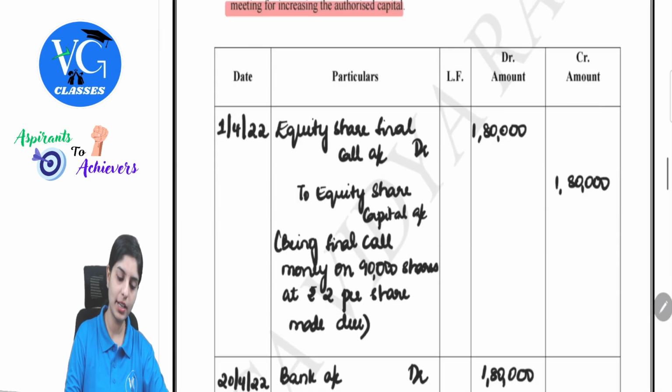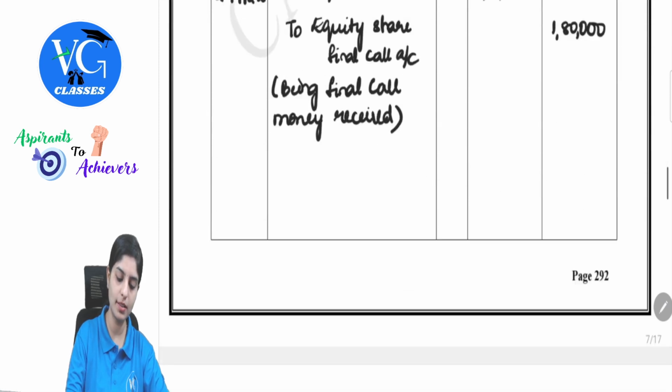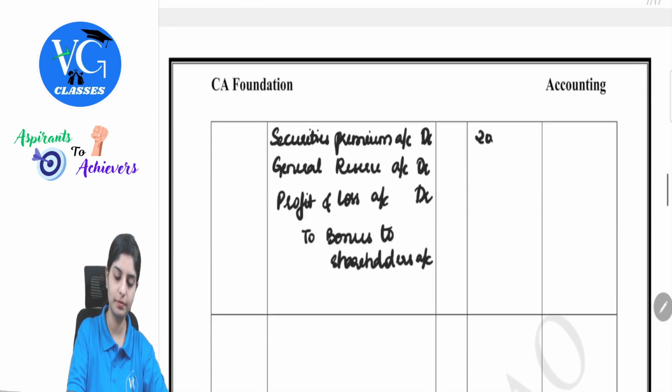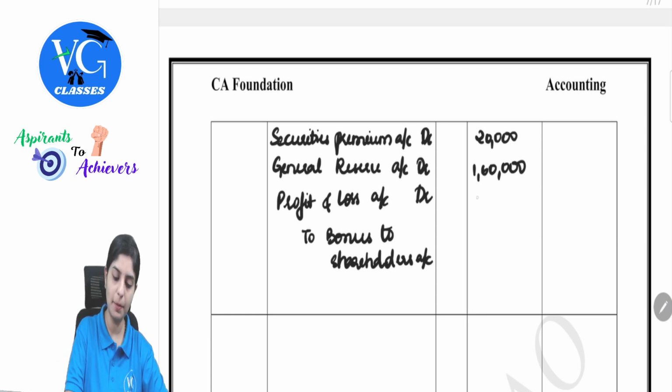How much is the securities premium balance which is available? 20,000. Then we have general reserve 1,60,000. So this becomes totally 1,80,000. Requirement is 2,25,000. So balance I will take from profit and loss account, 45,000. So this is 2,25,000.